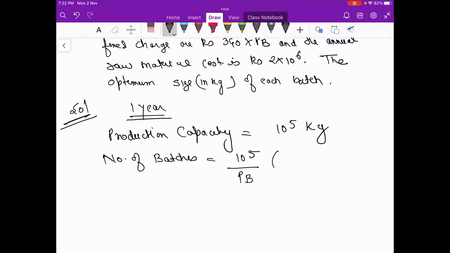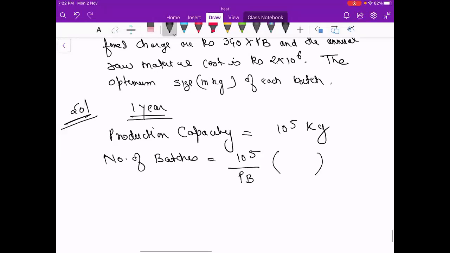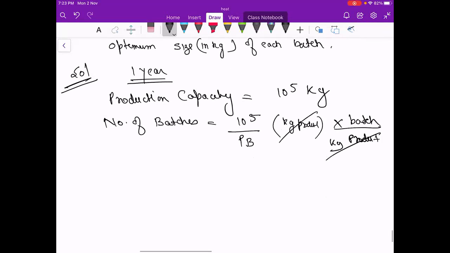The unit of 10 to the power 5 is kg product, and the unit of PV is batch upon kg product, so the kg will cancel out. You will be getting the value in batches.